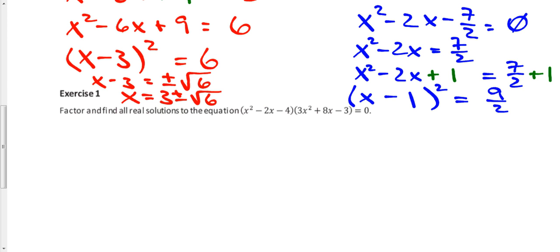So square root both sides, you get x minus 1 equals plus or minus 3 over the square root of 2. Rationalize. I get plus or minus 3 root 2 over 2.